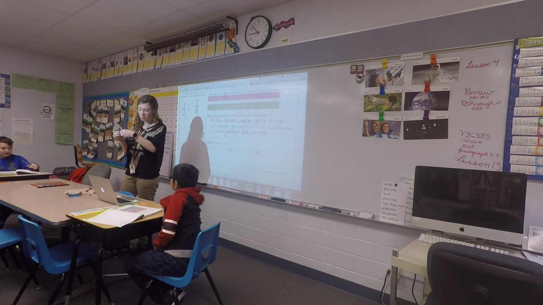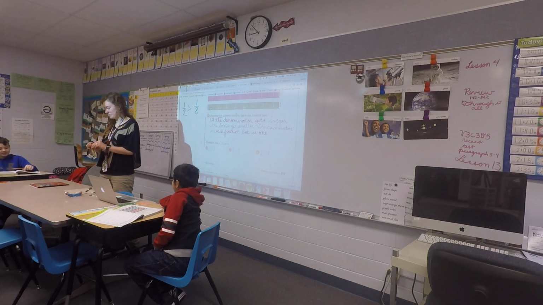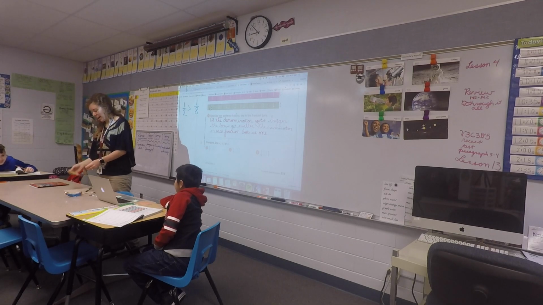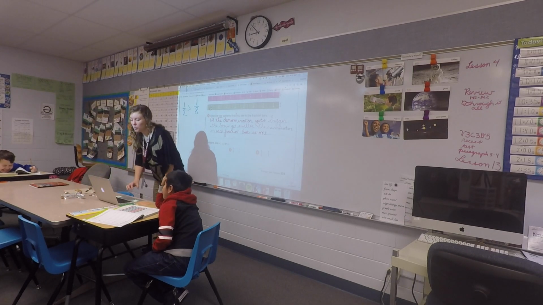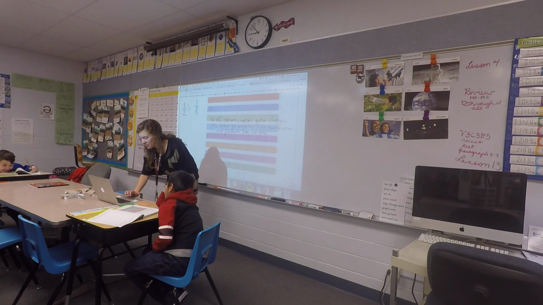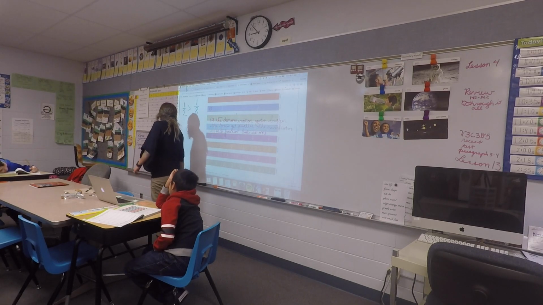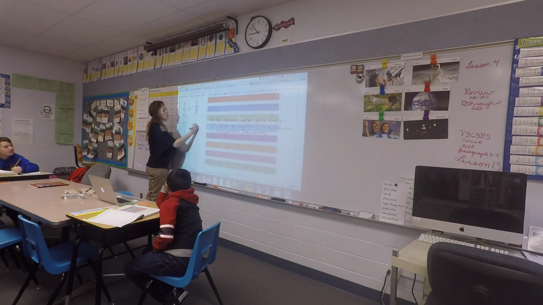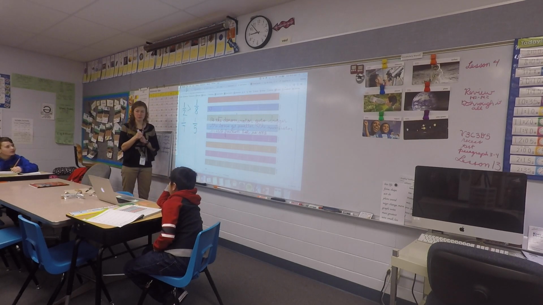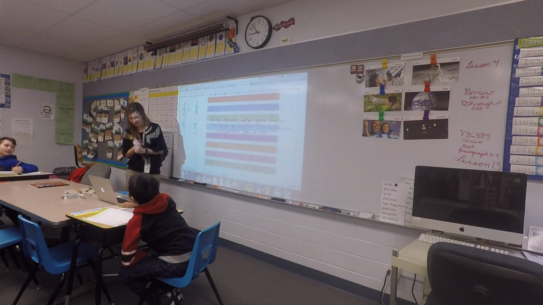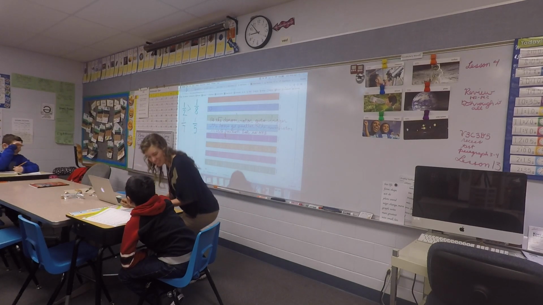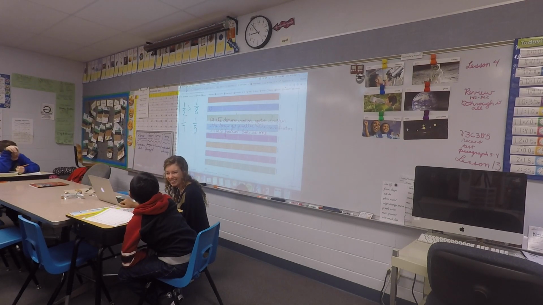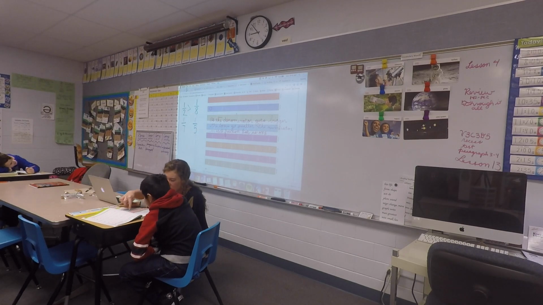Now I have a peanut butter chocolate chip bar. Would you rather have 1/7 or 1/5? Talk with your partners. 1/7? You don't like granola bars? Look at 1/7 and look at 1/5.